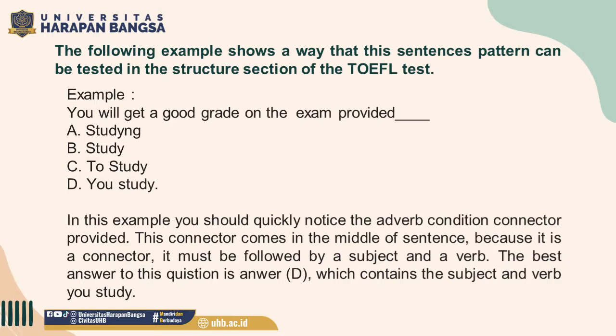In this example, you should quickly notice the adverb condition connector provided. This connector comes in the middle of the sentence because it is a connector. It must be followed by a subject and a verb. The best answer to this question is answer D, which contains the subject and verb you studied.